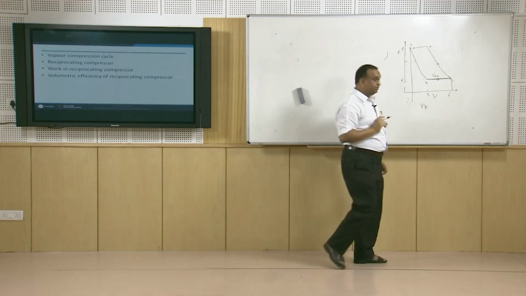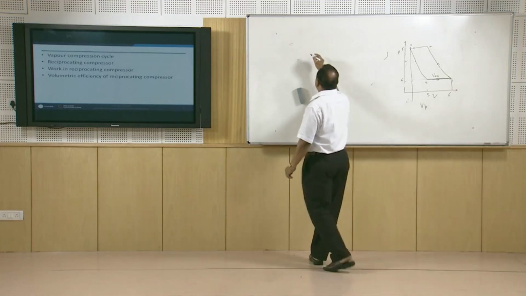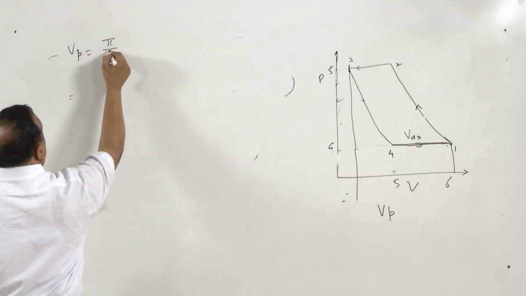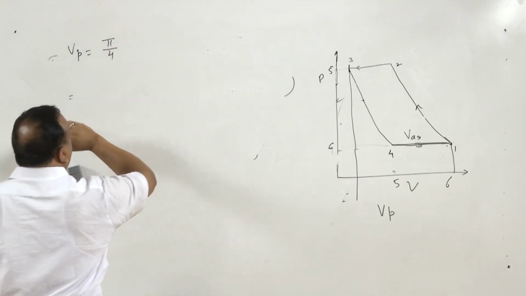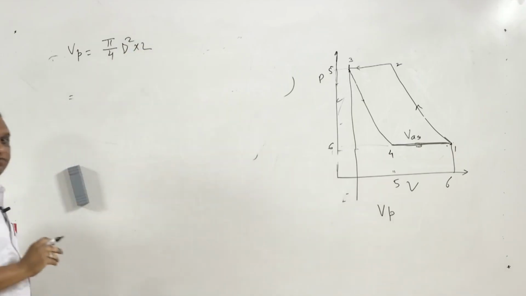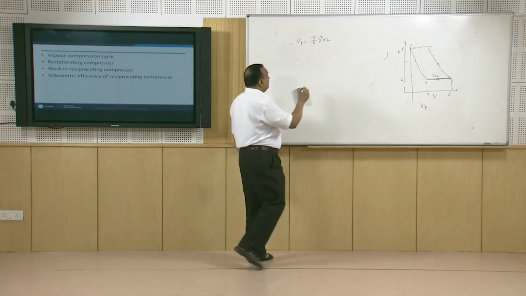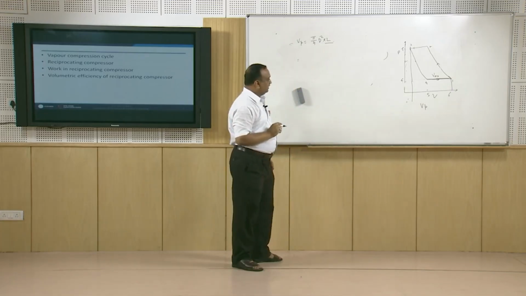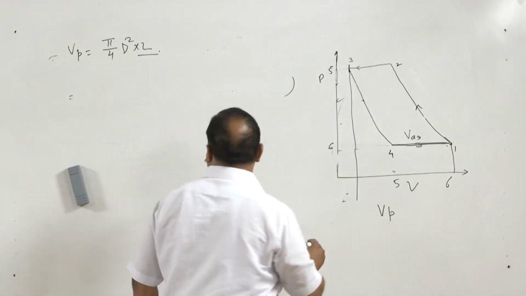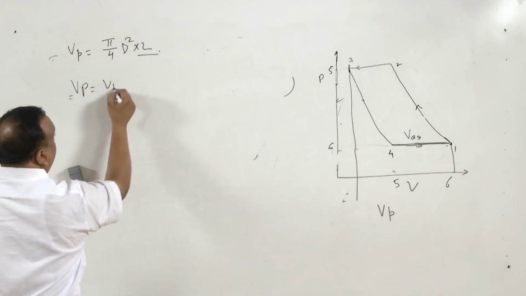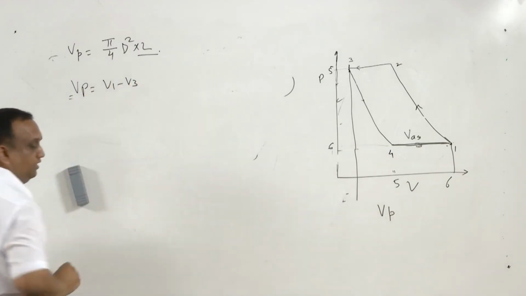So now we have two volumes. One is the swept volume of the compressor Vp, that is equal to pi by 4 d square into L, where D is the diameter of the cylinder and L is the stroke of the compressor. Now this Vp is equal to, here, V1 minus V3.